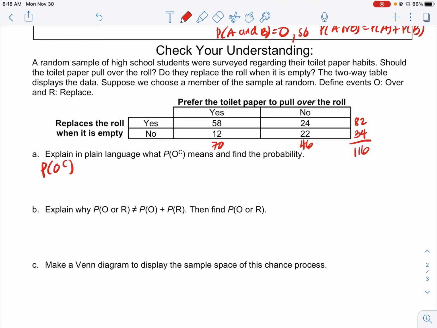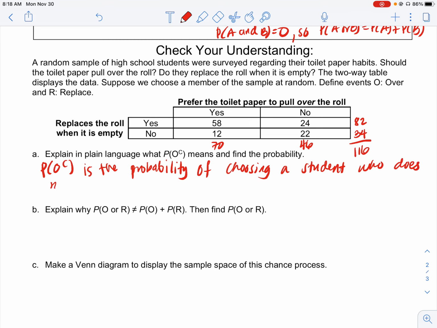So P of O with the C on the top is the probability of choosing a student who does not prefer toilet paper to pull over the roll.